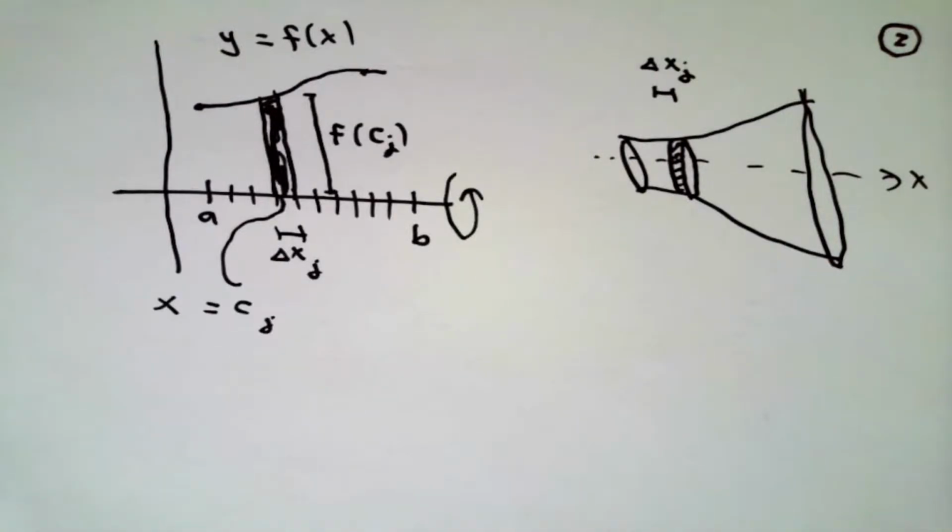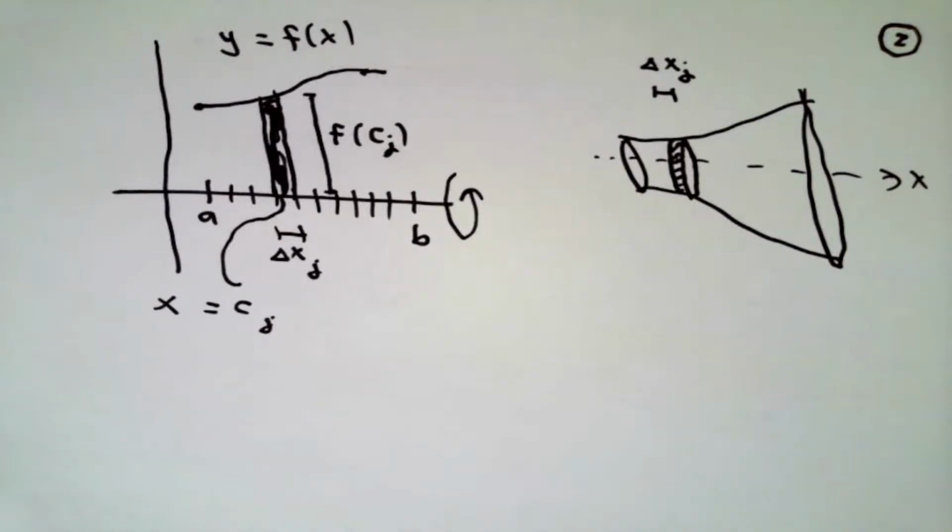As usual, we'll take a representative x value within chunk number j. I'll call it x equals c number j. We will pretend that the function f doesn't change much from the value f of cj on subinterval number j. We will use this as our representative function value. In this case, this is also the representative y-coordinate for chunk number j.